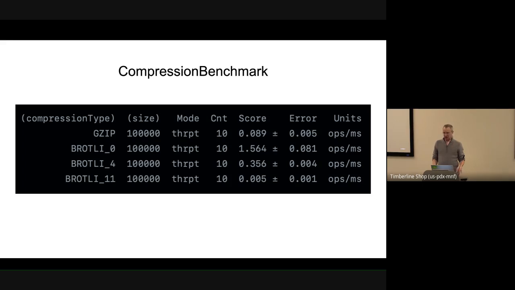I'm not really an expert on JMH internals, but JMH tries to run all these sequentially. It's not trying to run gzip and Brotli in separate threads. It basically has a runner thread, and it will run all the iterations for gzip, collect all the measurements for gzip, record those, and then it'll go on and do Brotli 0.